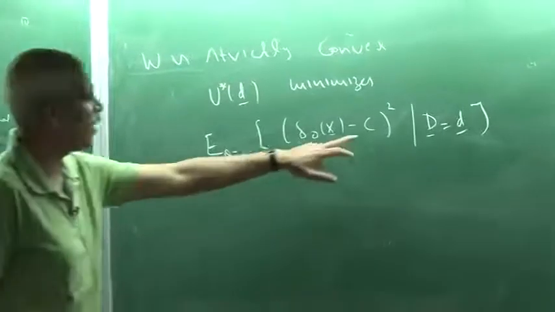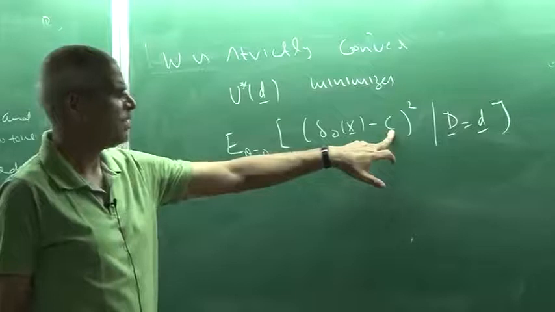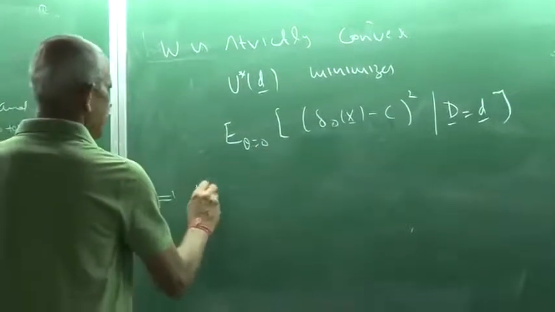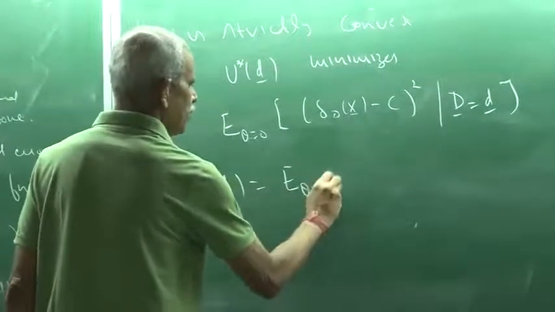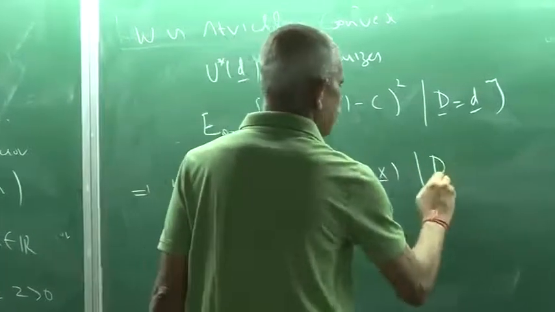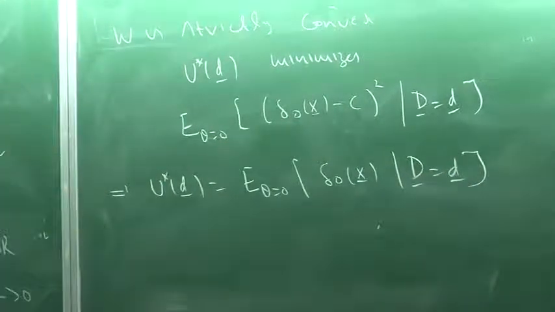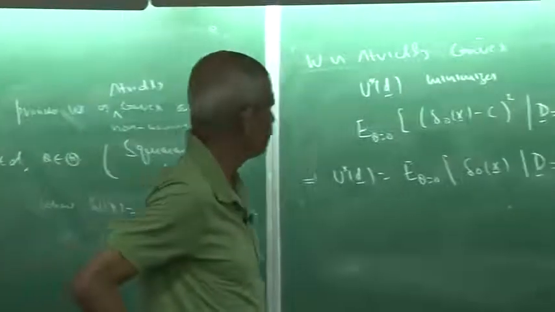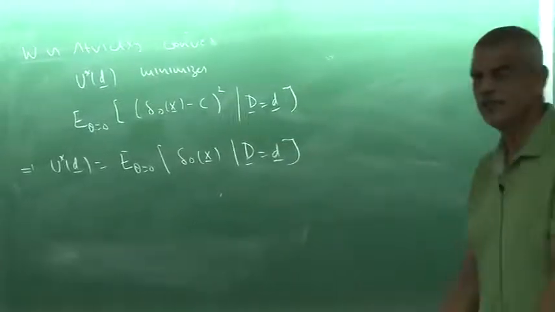Now, you know that the mean square deviation from a point is minimum if this point c is nothing but the mean. So that means u star d has to be the same as E at theta is equal to 0 of delta naught x given D is equal to d. And this would be the unique MRE.